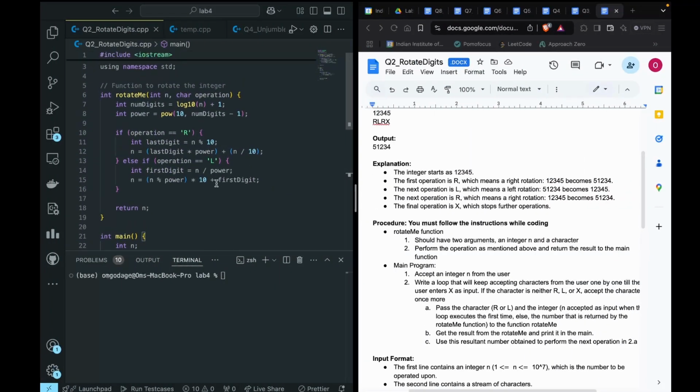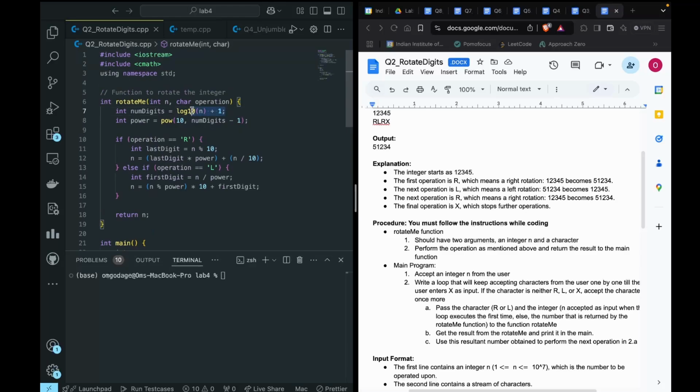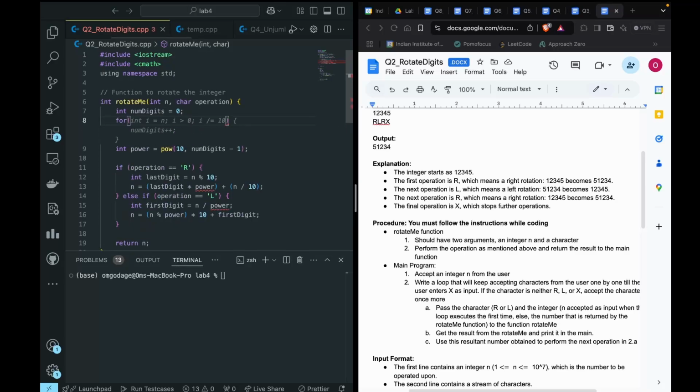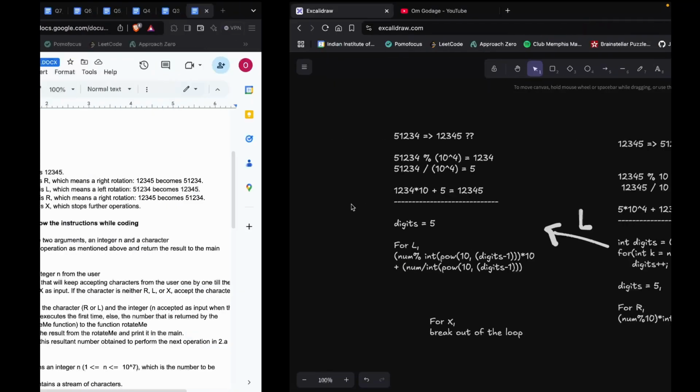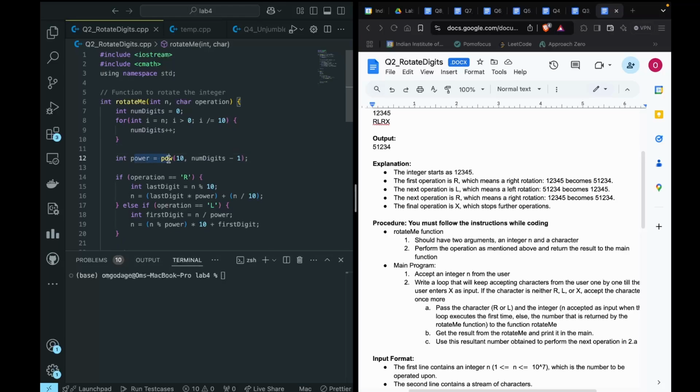Instead of using log 10 over here, we can calculate this for, okay, there we go. That's what I typed over here as well before. Num digits plus plus, and then you calculate the power once.